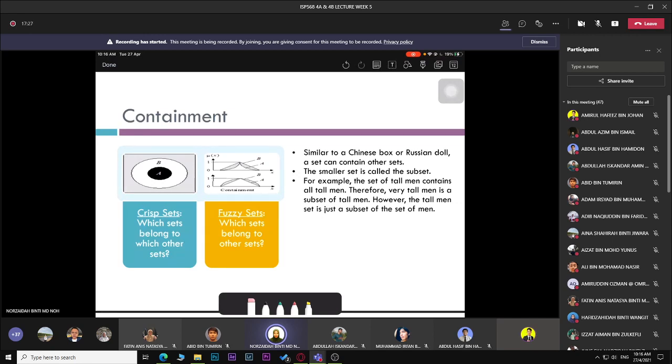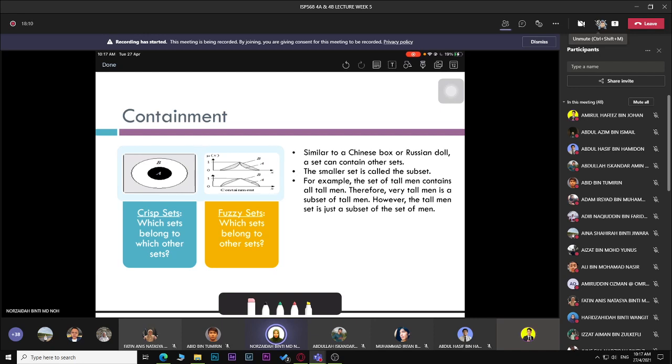In this case, for example, if I look at the first one, A is a subset of B, so B is a superset of A. But the word superset is rarely used. I thought you had heard it before. Yes, but it's not used often. We focus more on the smaller set inside, because the superset is usually big and generic. When it's general, we don't want to look at all the elements, it's too big. So usually we focus on the smaller set because we want to see which set actually belongs to another set. Okay, so in fuzzy sets, it's the same thing.